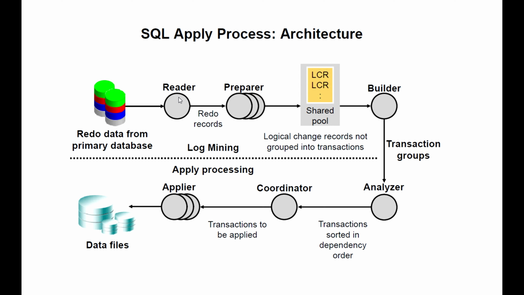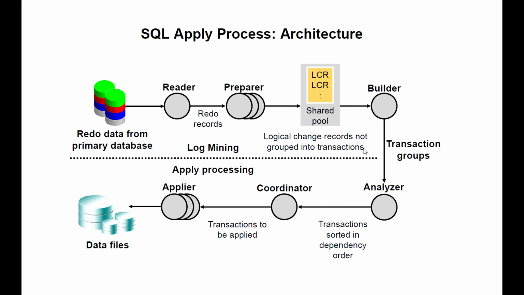Next is the preparer process. It converts the block changes into logical change records. At this point, the logical change records do not represent any specific transaction. Then it goes to the builder process.